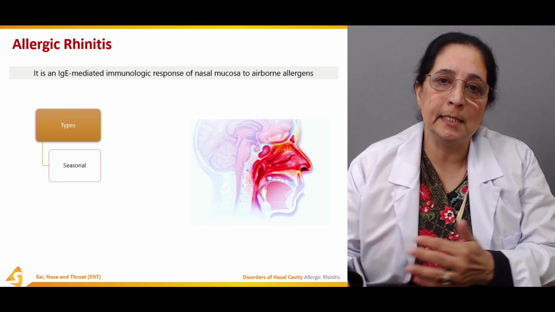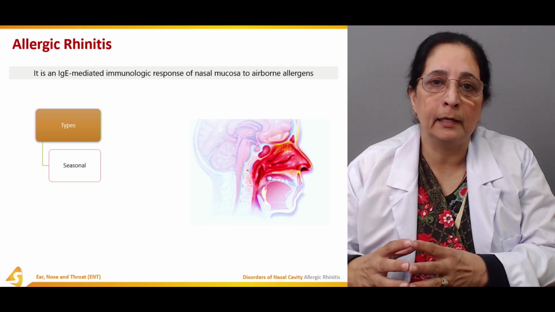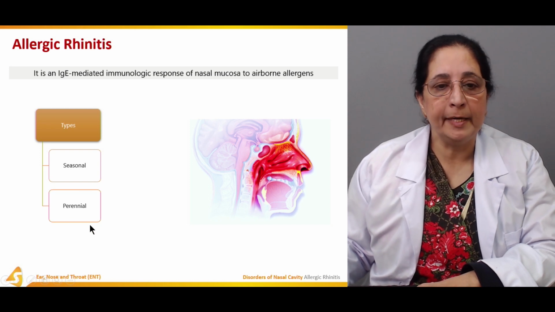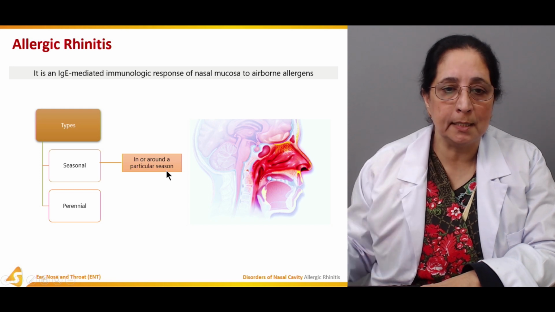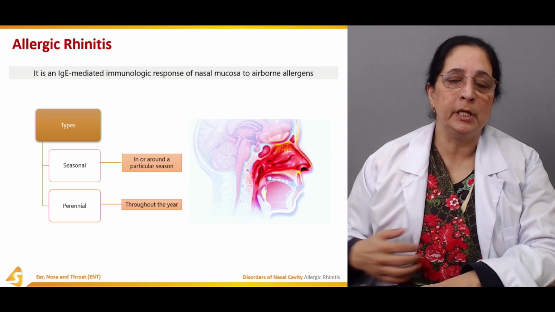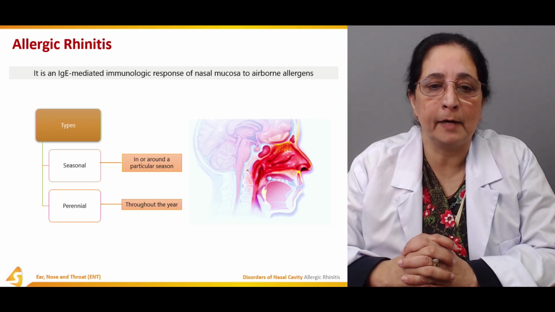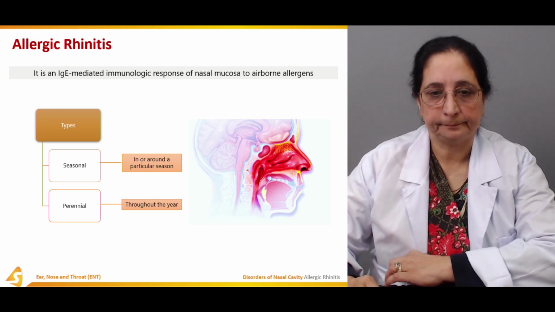But once the season starts, then they have problems and they can have allergic rhinitis. So seasonal, and then we have perennial. Seasonal is in or around a particular season, and the other is throughout the year. People who have perennial allergic rhinitis have it throughout the year.